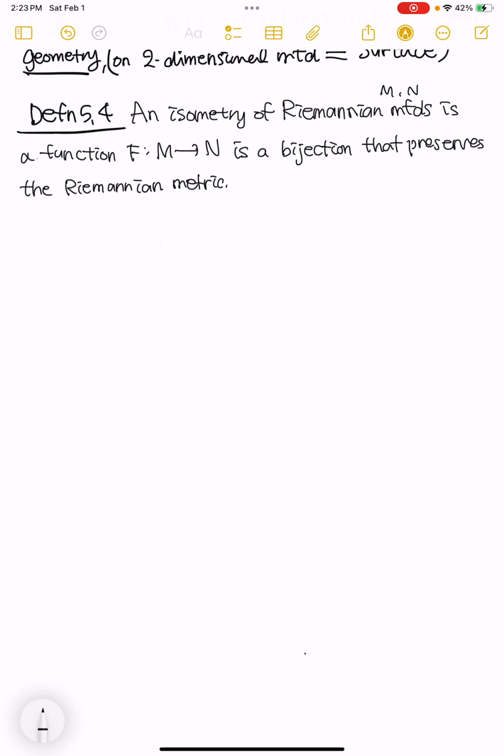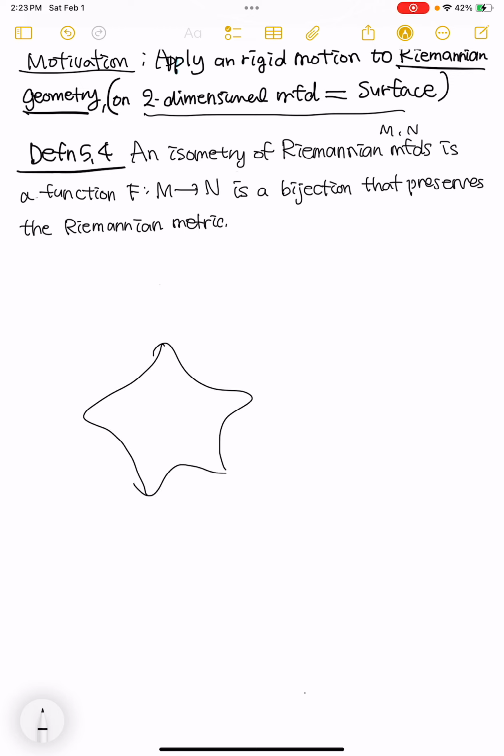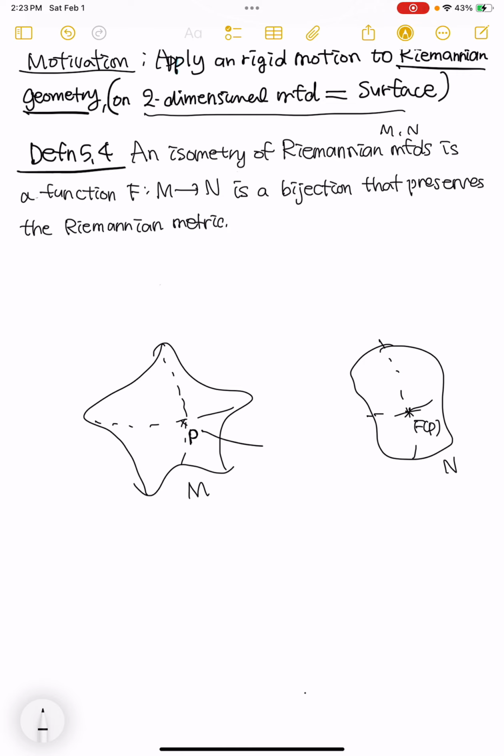So, as I said, if we restrict to two-dimensional manifolds, think about M and N. Take a point P on a Riemannian manifold, and P goes to F(P).